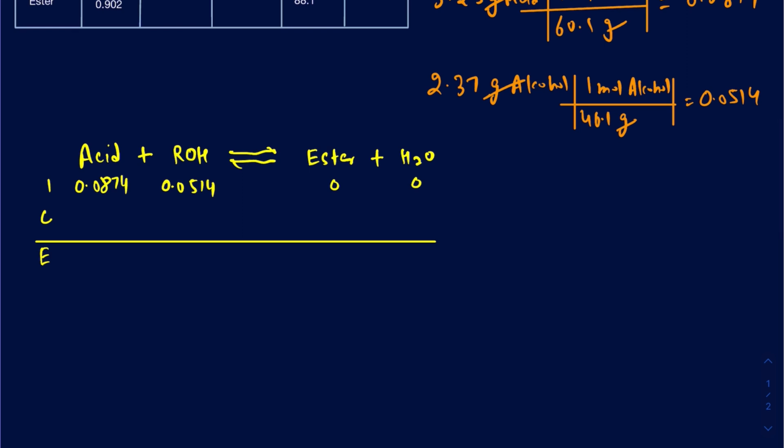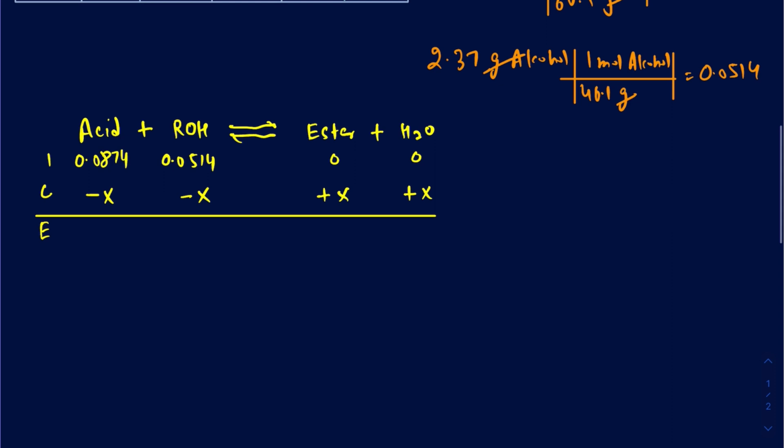So I'm going to make an assumption that if I lose X amount of acid, I'll lose X amount of your alcohol, and in the process, I will be making an X amount of your product. So at equilibrium, I should have 0.0874 minus X for your acid, 0.0514 minus X for your alcohol, and X for the ester and X for your water here.